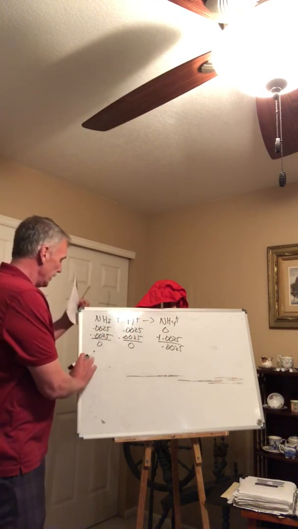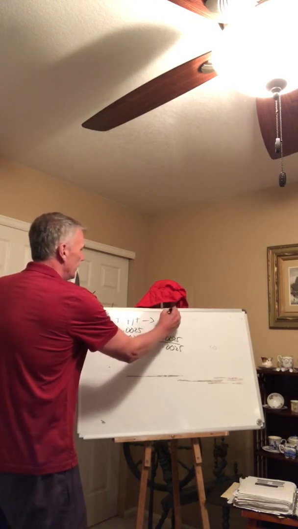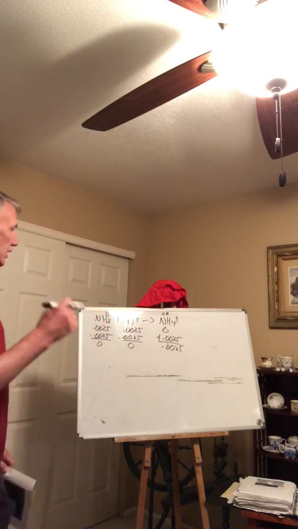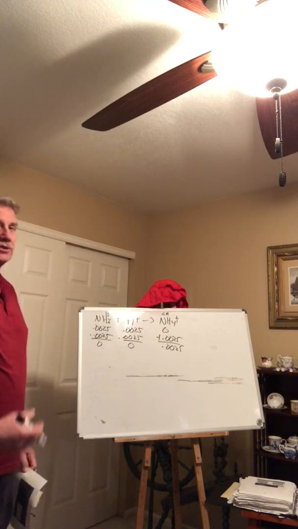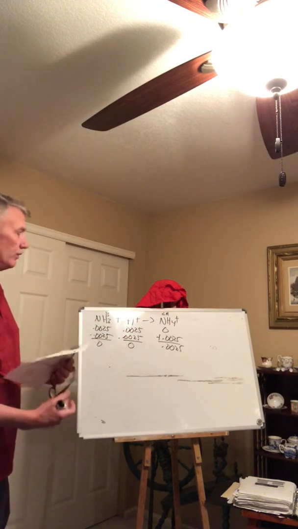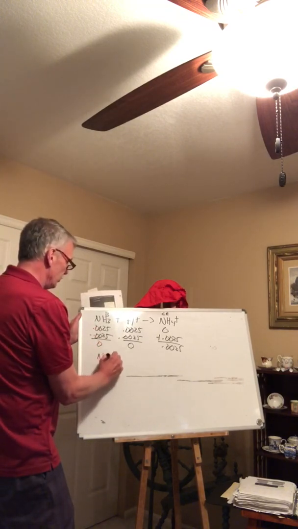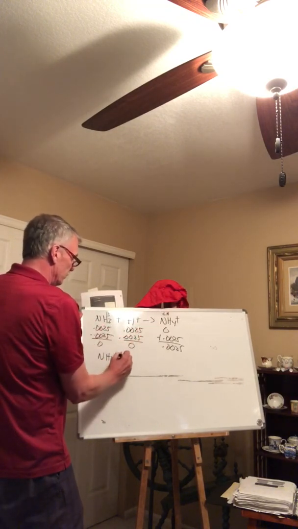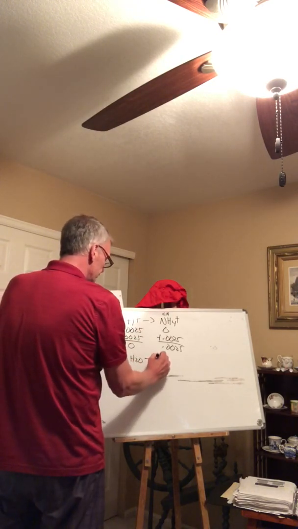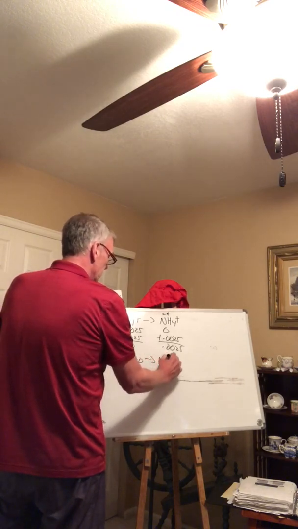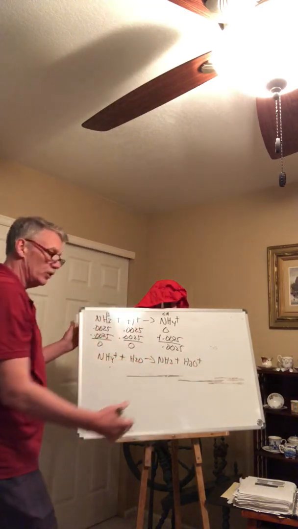At this point, here's our base, and here's the conjugate acid, but because this is a conjugate acid of a weak base, it is a strong enough conjugate acid to hydrolyze water. And only at the equivalence point do we now have to go one more step. So now I'm going to go back to the NH4, the ammonium, and because it is a conjugate acid that is strong enough to hydrolyze water, I go another reaction.